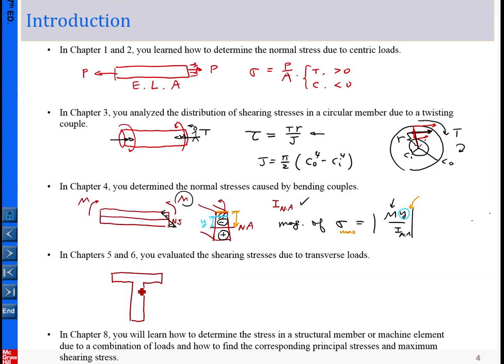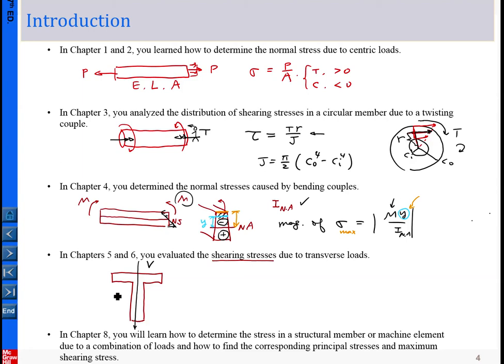Okay, and the transverse loading will induce the shear stress, which is induced by what we call not pure bending. If the bending is not pure anymore, then we will induce the shear stress, and in that situation, this is the transverse loading V we calculated.